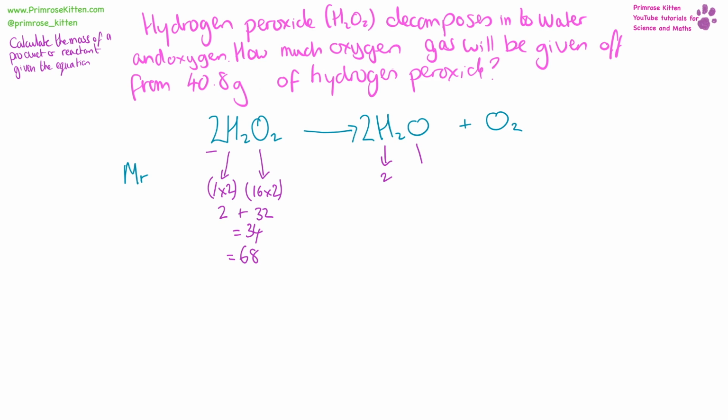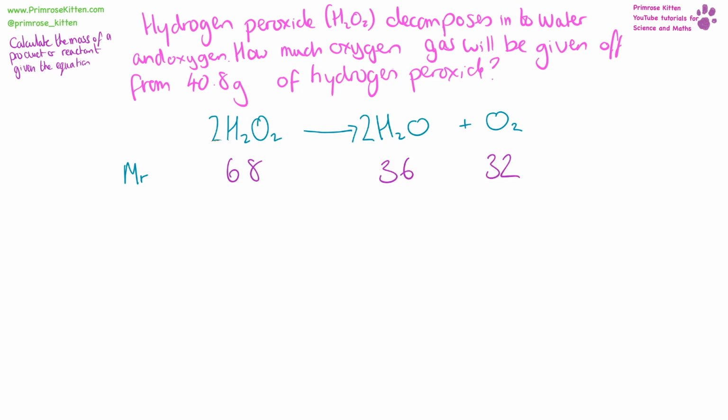Hydrogen is 2. 1 times 2 equals 2. Oxygen is 16. 2 plus 16 gives us 18. 18 times 2 gives us 36. And then oxygen is 16 times 2, giving us 32. So we can say that if we had 68 grams of hydrogen peroxide, it would decompose into 32 grams of oxygen.